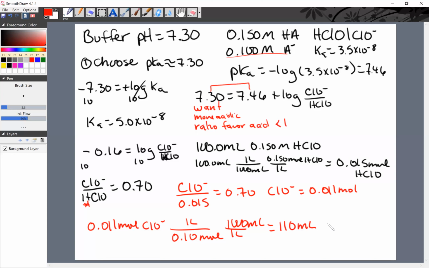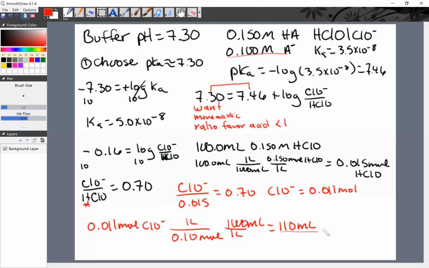Okay, if I want to make my buffer, I need a mole ratio of 0.7. Since I'm starting with 100 mils of my acid, and it's 0.150 molar, I'm starting with 0.015 moles of my acid, and using that ratio, I needed 0.011 moles of my base, which, if its concentration is 0.1, I need 110 mils of it.